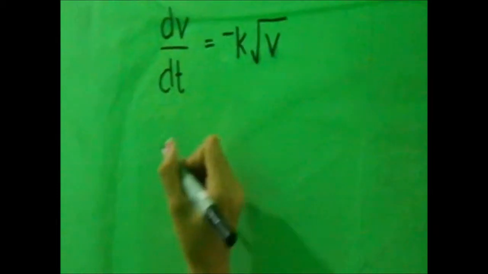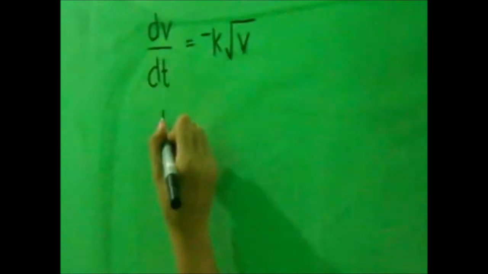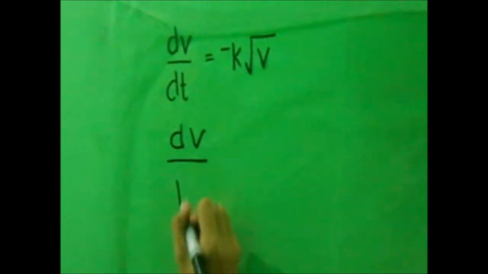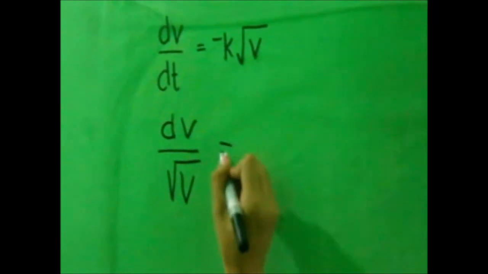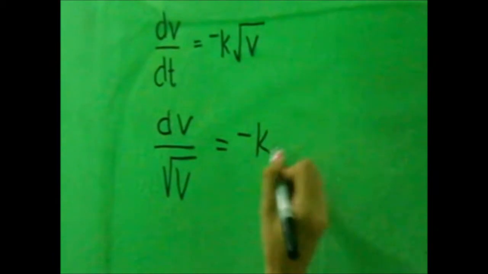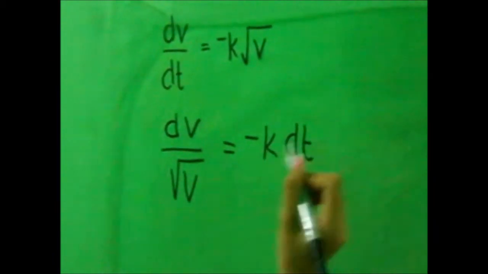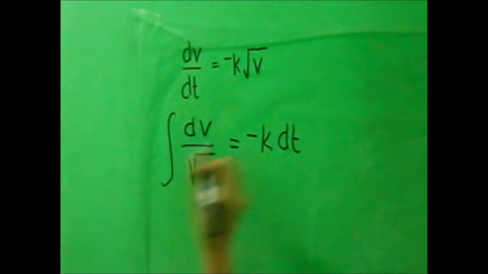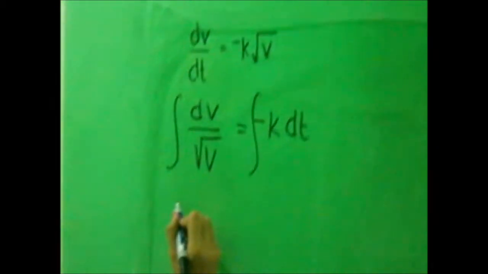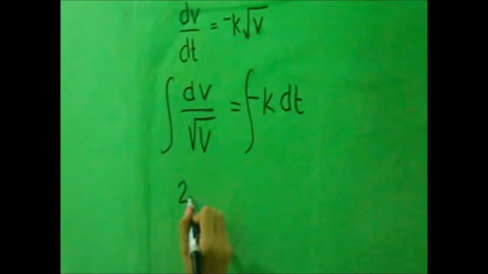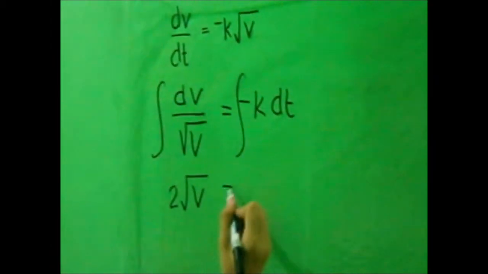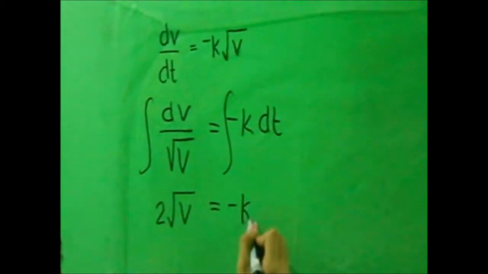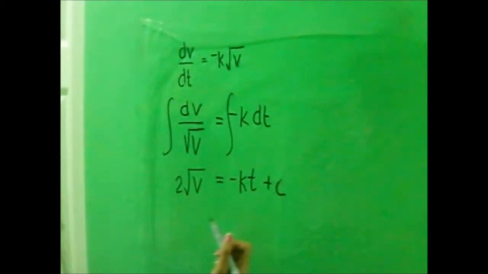So we begin with the rate of deceleration of the barge. We separate the variables v and t, so dv over square root of v is equal to negative k dt. We integrate both sides. The integral of dv over square root of v is equal to 2 square root of v, and the integral of negative k dt is negative kt plus c.